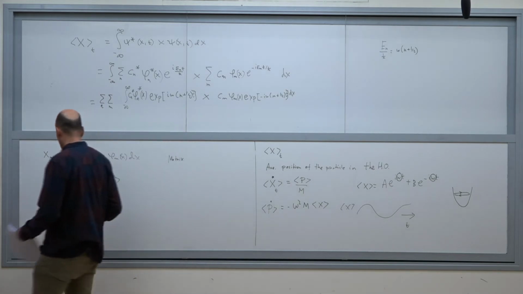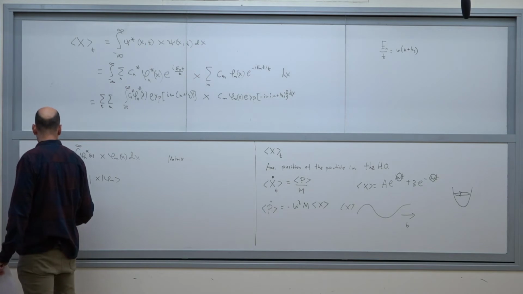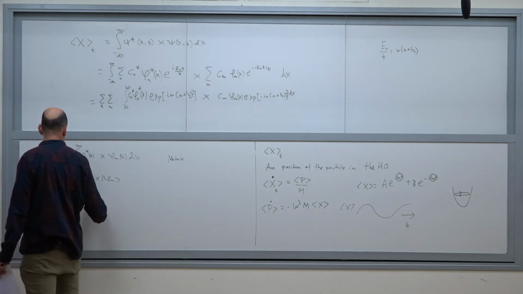Let's go back to the solution. The average of x as a function of t is a sum over n, a sum over m.